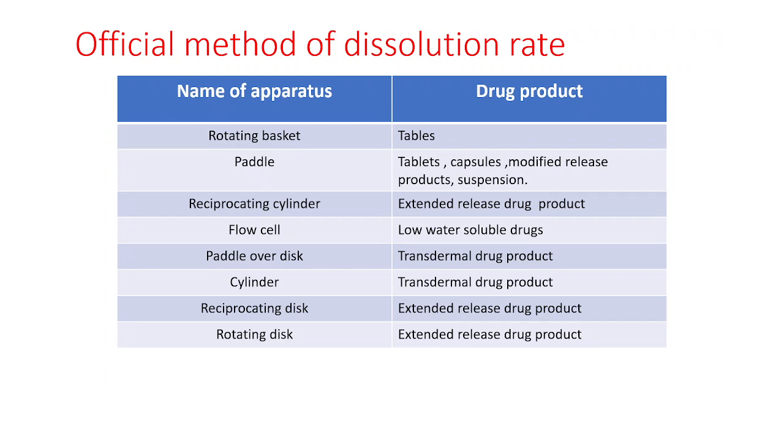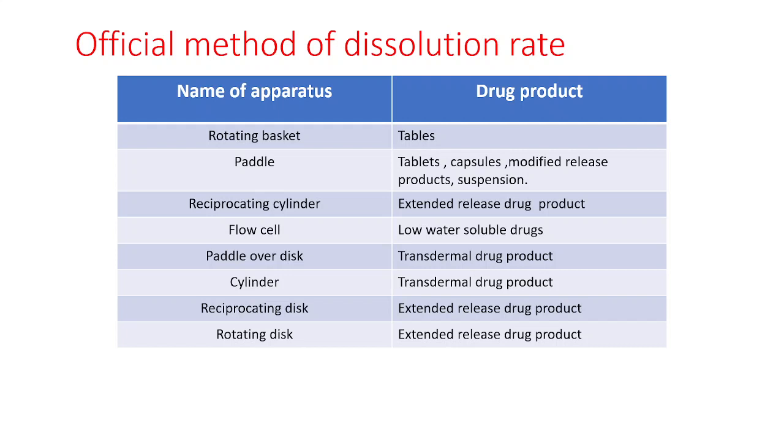On one side is the name of the apparatus and on the other side the drug product. Rotating basket is used for tablets. In the paddle method we use tablets, capsules, modified release products and suspensions. In reciprocating cylinders we have the extended release drug products, and in the flow-through cell, low water soluble drugs are used.